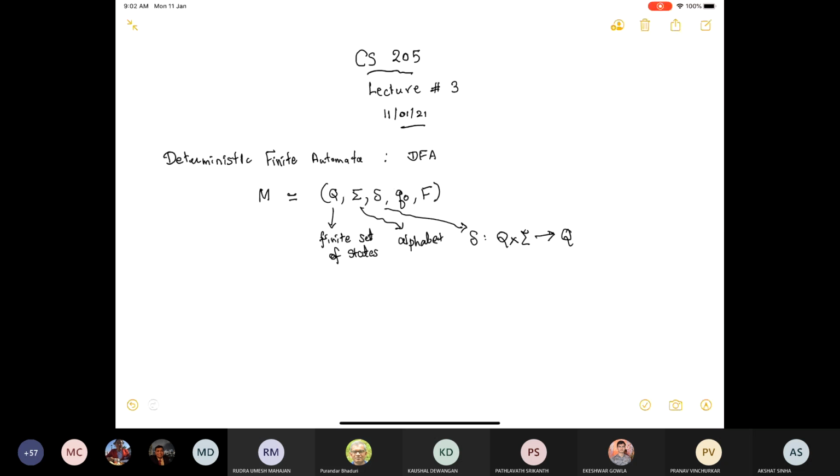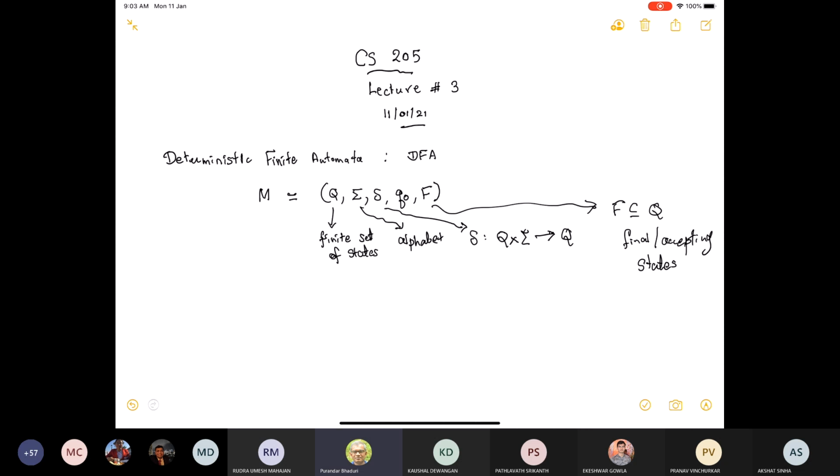Okay. So the function must be defined for every pair of state and symbol. And F is a set of final or accepting states, right?